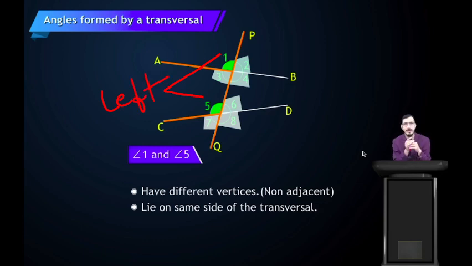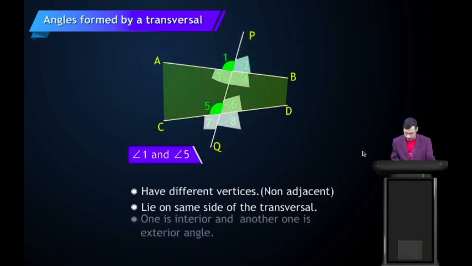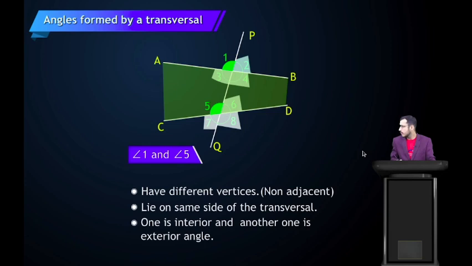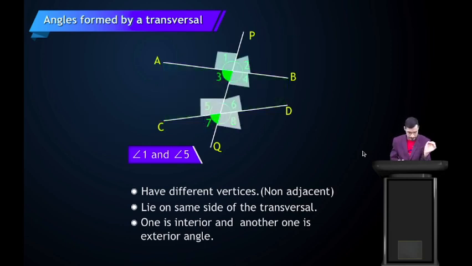So angle 1 and angle 5 are on the same side of the transversal and have different vertices, that means non-adjacent. One is an interior and another is an exterior angle here. Angle 1 is an exterior angle, and angle 5 is an interior angle.